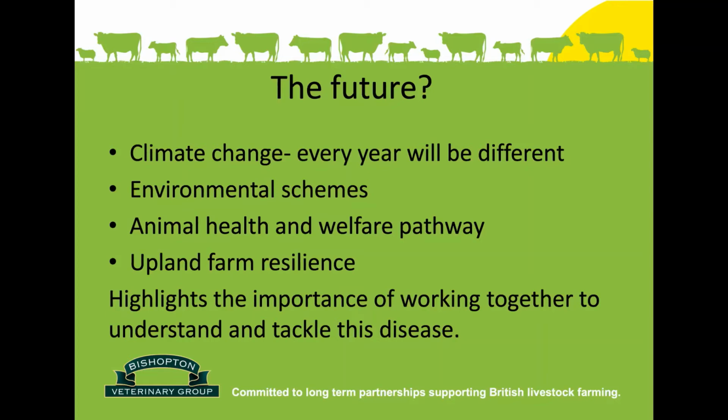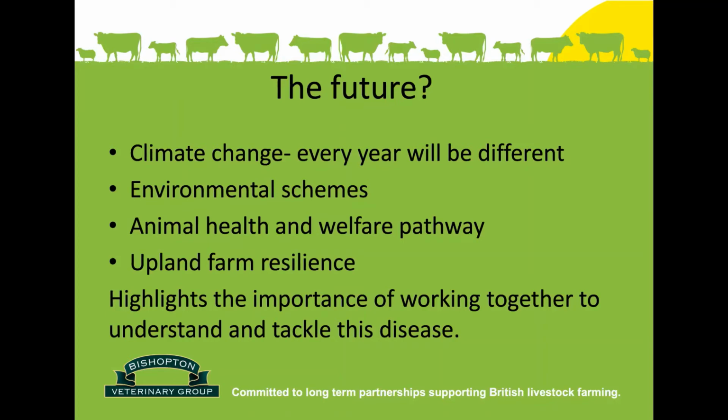So we really need to establish what's going on on our farms, how we can avoid grazing areas if we need, and stop infection coming into our farms if we don't have it.